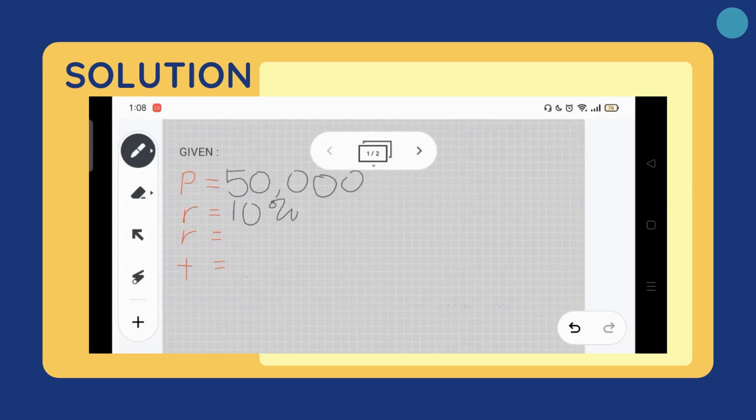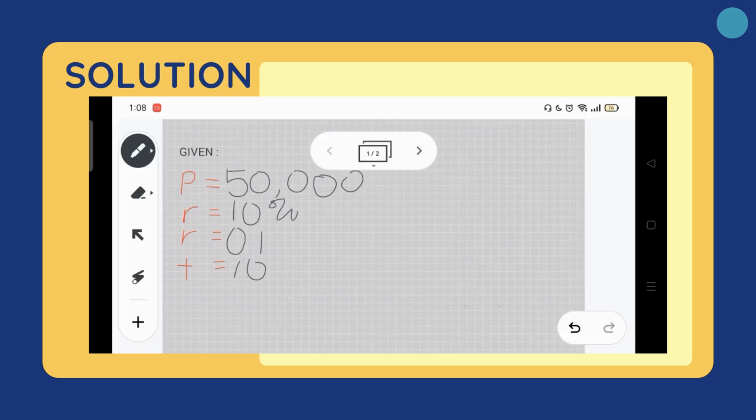The rate will be 0.1. The time is 10. What is being solved is how much interest Merel can earn after 10 years.